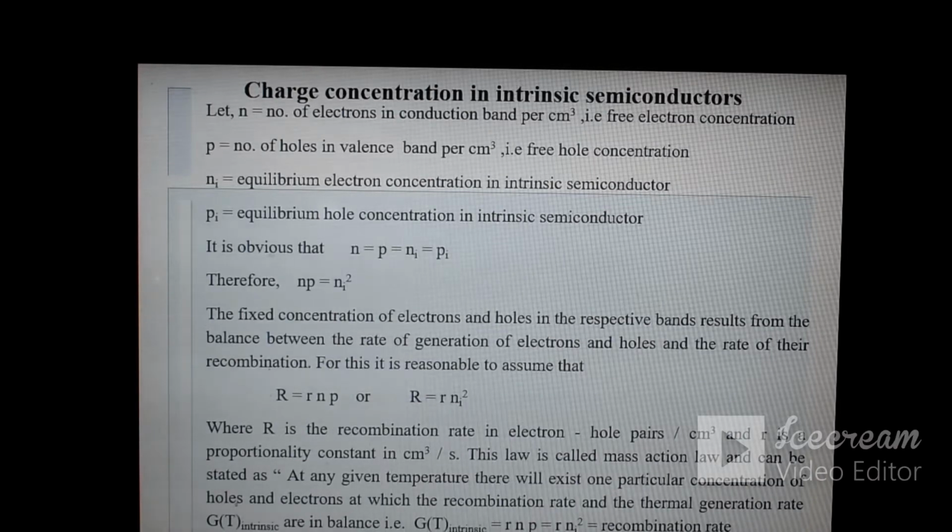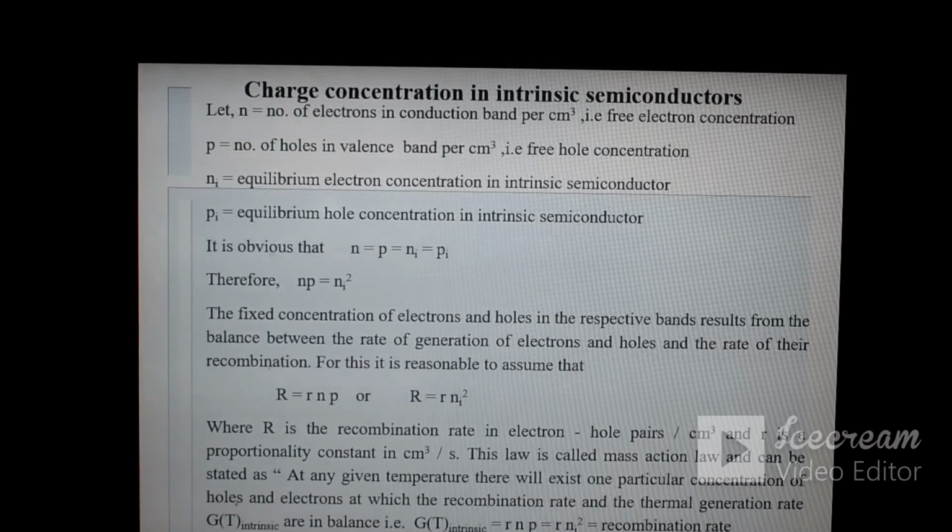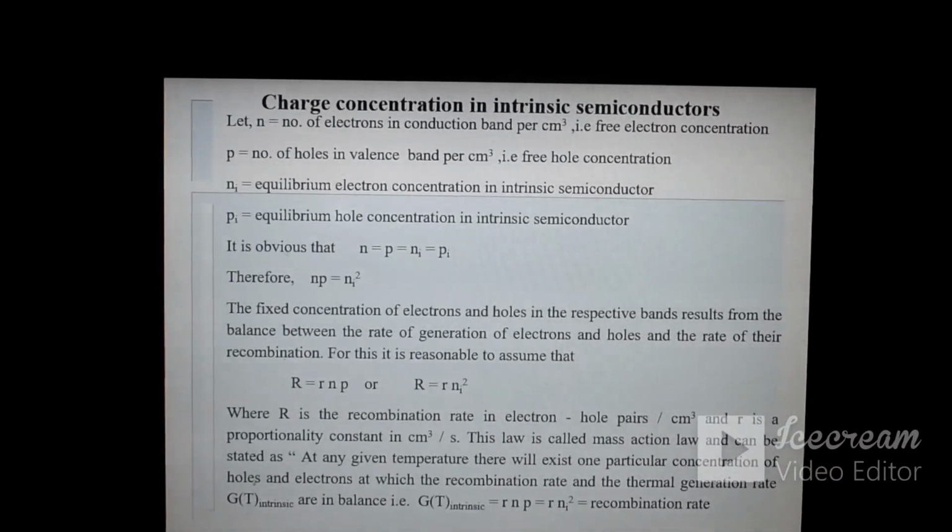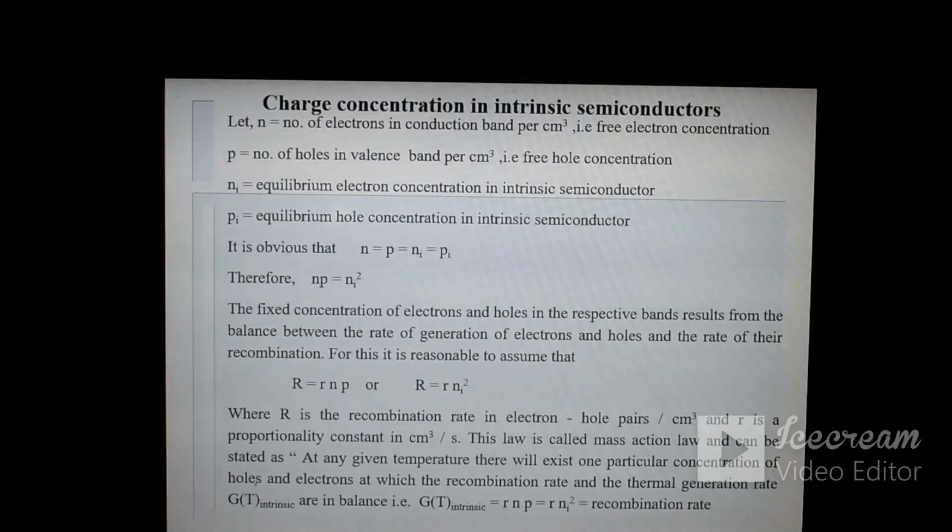Let us see the charge concentration in intrinsic semiconductors. Let n be the number of electrons in conduction band per centimeter cube, that is the free electron concentration. p is the number of holes in valence band per centimeter cube, that is free hole concentration. ni is the equilibrium electron concentration in intrinsic semiconductor. pi is the equilibrium hole concentration in intrinsic semiconductor.